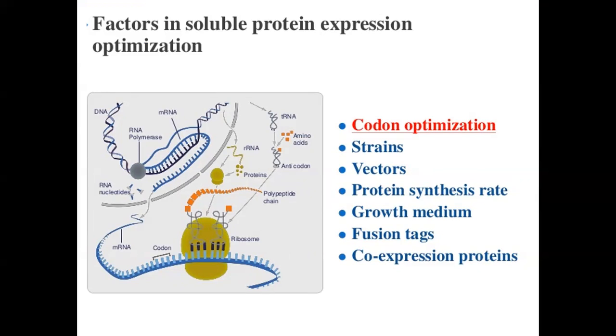So there are different factors which need to be addressed for soluble protein expression optimization, such as rare codons or codon optimization, the strains, the microbial strain used for the protein expression, protein synthesis rate, growth medium, fusion tags, and co-expression proteins.